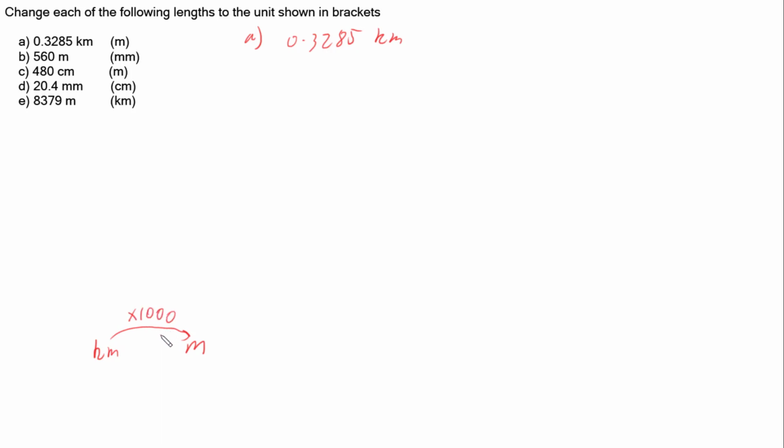The reason I'm multiplying by 1,000 is a meter is a small unit, so I've got to multiply to go from a big unit down to a small unit. And there are 1,000 meters in a kilometer. So I'm going to multiply my kilometers by 1,000 to get to meters. So let's multiply by 1,000.